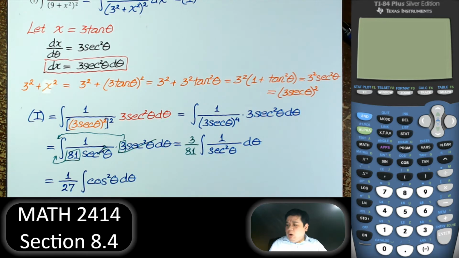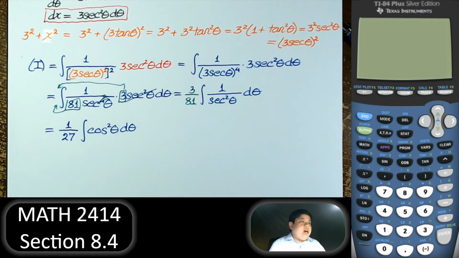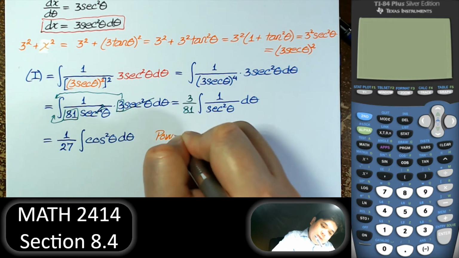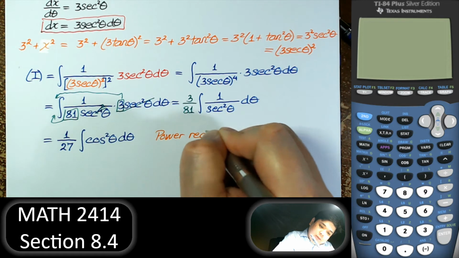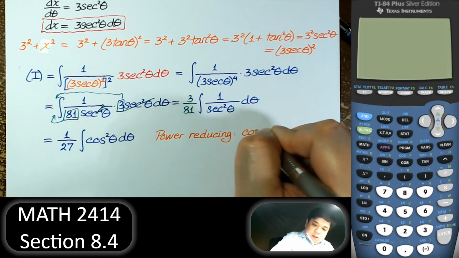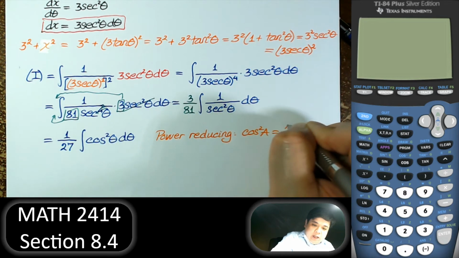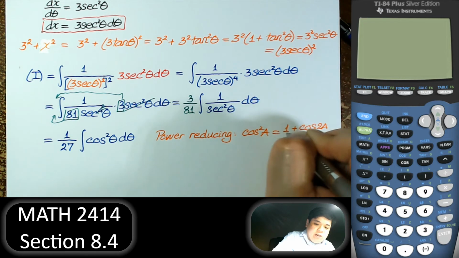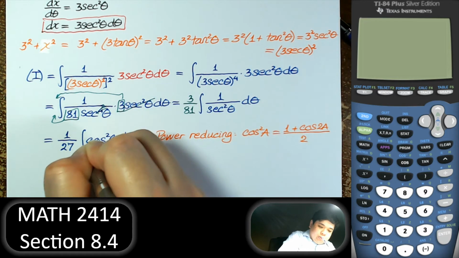And similar to one of the problems we did earlier, cosine squared, that is the power reducing. Cosine squared is 1 plus cosine of double angle divided by 2.